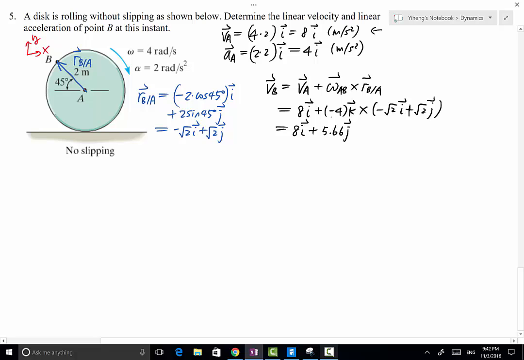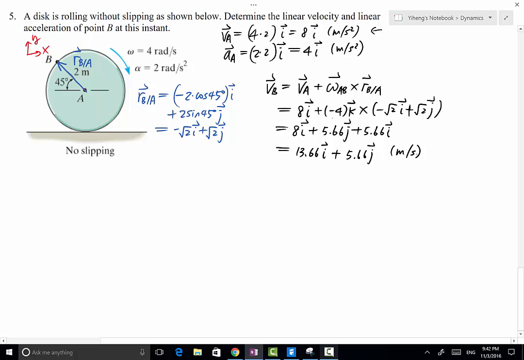So we have another negative sign here, cancelling each other out, so this equals plus 5.66i. After we evaluate that, that equals 13.66i plus 5.66j in the unit of meter per second. So that's VB as a vector.